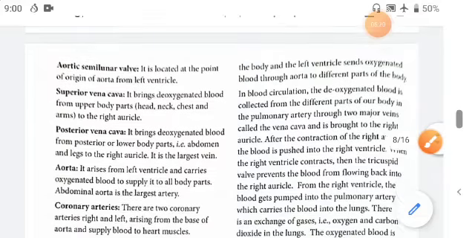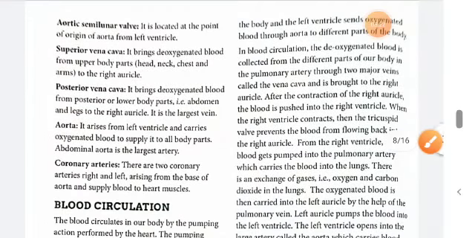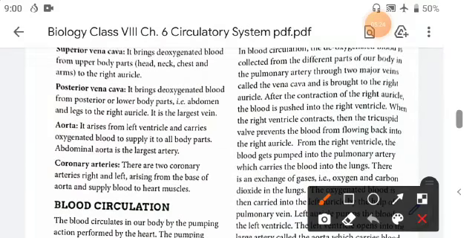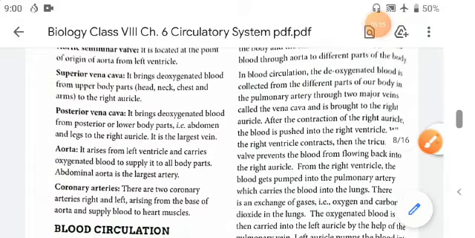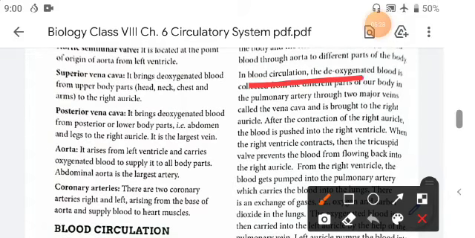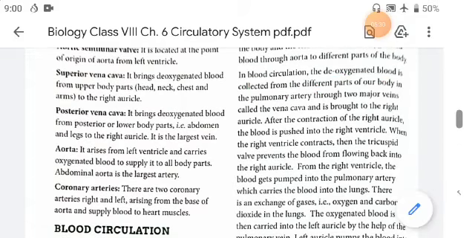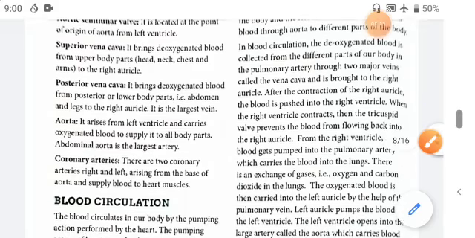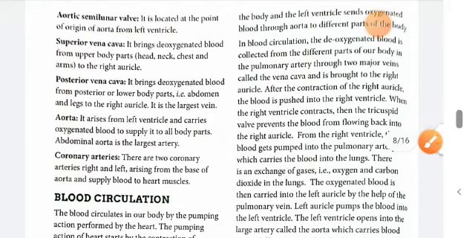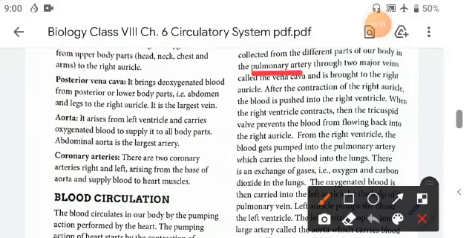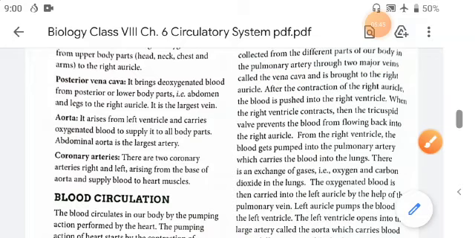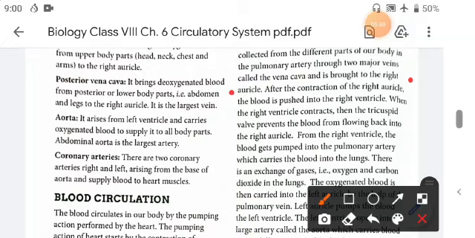Okay, now in blood circulation, the deoxygenated blood is collected from the different parts of our body through two major veins, that is called the vena cava, and it is brought to the right auricle.